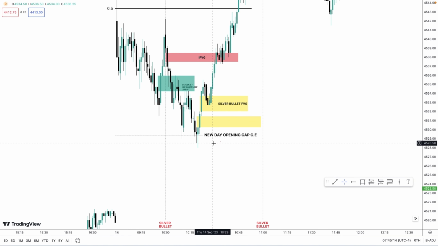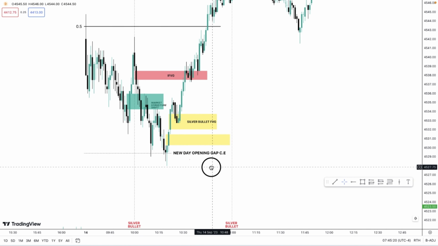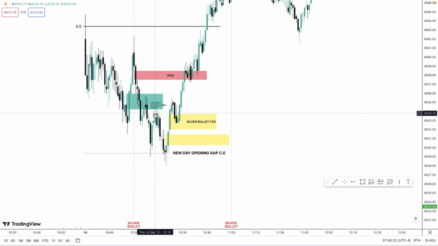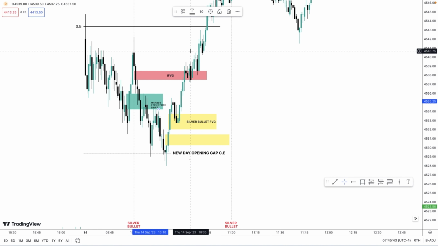Look at the bodies telling you the story. The bodies are closing above, meaning price is in a buy program. Price wants to go higher. We have a swing high here, a short-term high. Price trades aggressively above this short-term high. So what is that? That's a market structure shift. Price was delivering lower prices, now it is delivering higher prices.